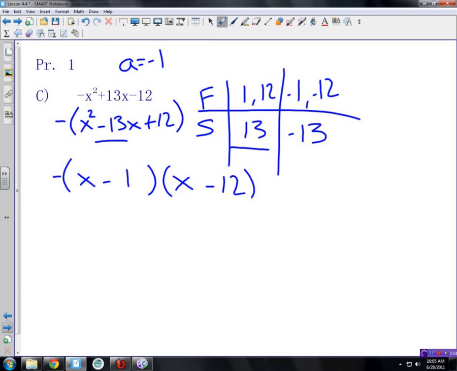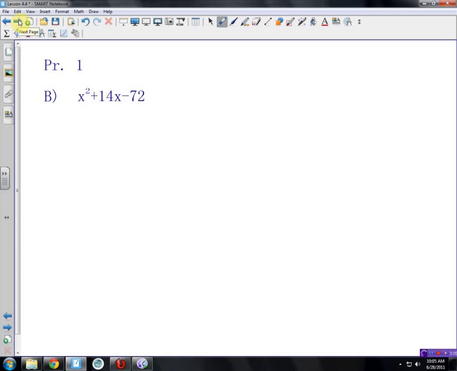Problem 1, part B. We have x squared plus 14x minus 72. So we need to make our factor sum, right? Two numbers that multiply to get negative 72. Right. So an easy one is 72 and 1, but I don't think that's going to work out. Let's try maybe 3 and, well, we need to get a negative 72, so I guess that's going to have to be 3 and negative 24.